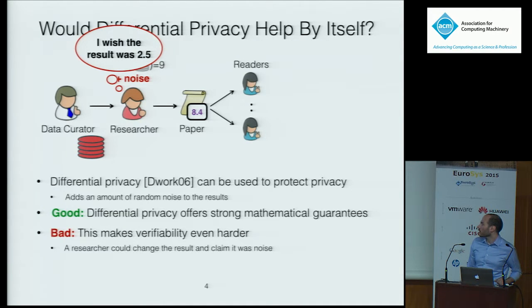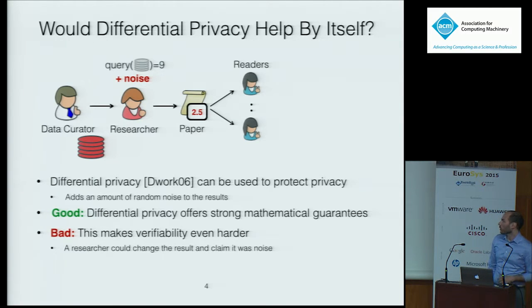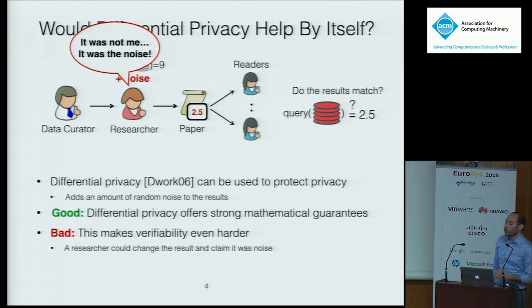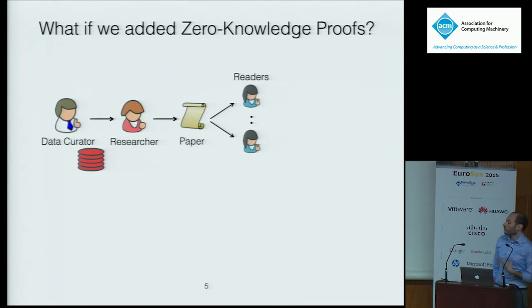Then what prevents the researcher from publishing a paper containing that number? Then, even if the readers had access to the database, and most readers won't because it contains sensitive data, they could compute the statistics again, find that there is a difference, and the researcher would still have plausible deniability. So we can see that differential privacy by itself makes verifiability even harder.